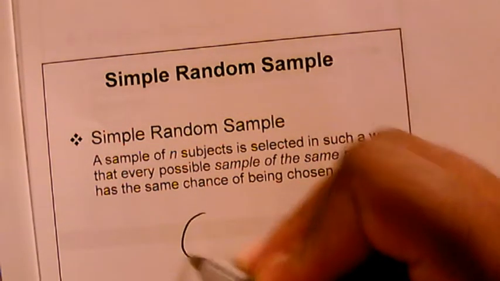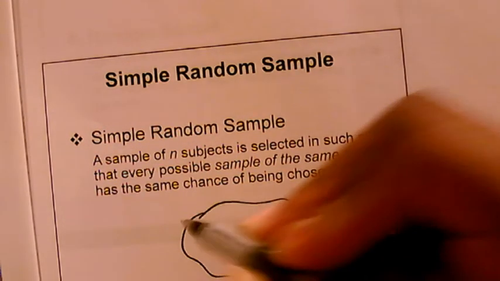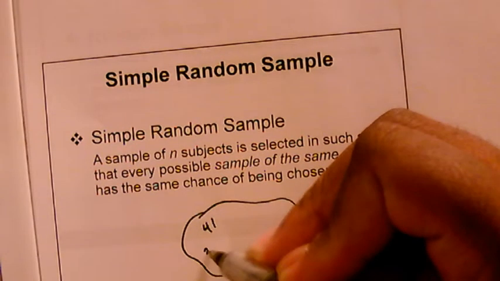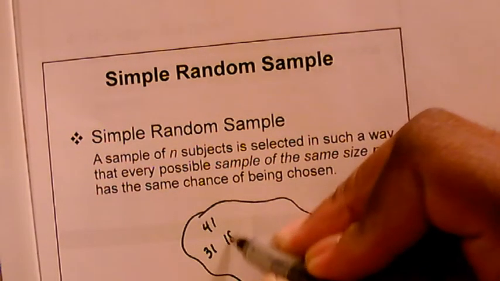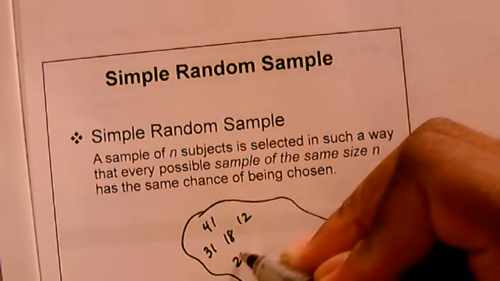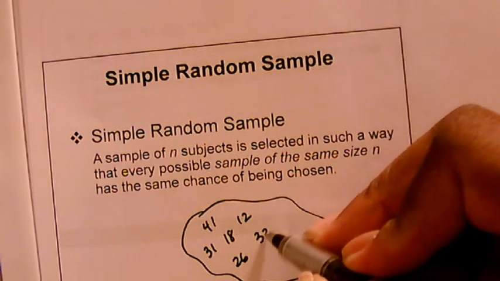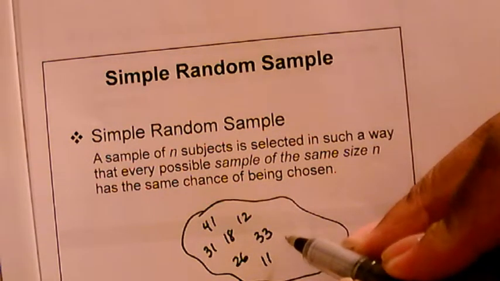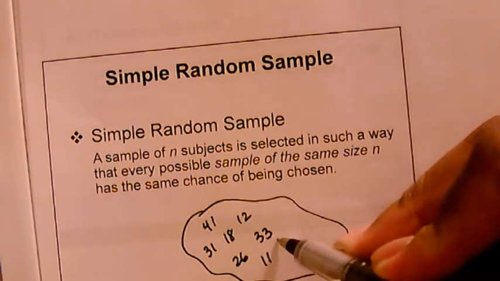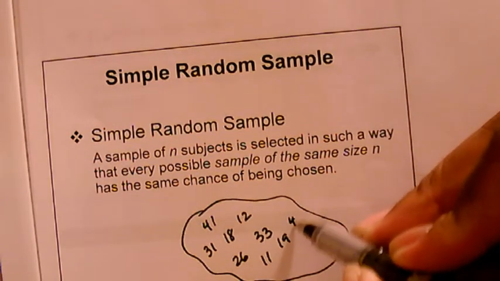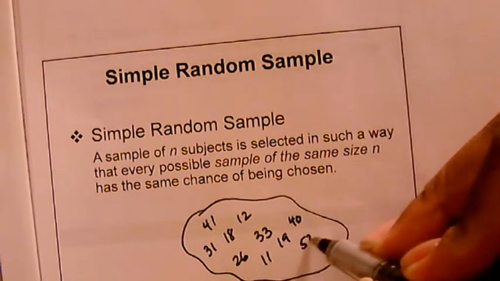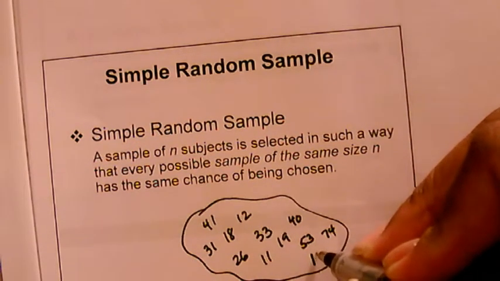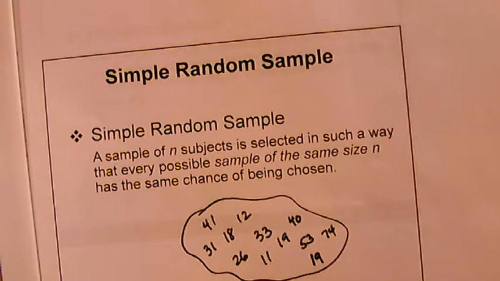So let's look at something like this. Let's say I had numbers in this particular set like 41, 31, 18, 12, 26, 33, 11, 19, 40, 53, 74, and let's say 19.